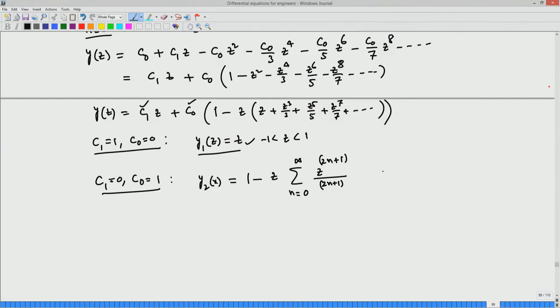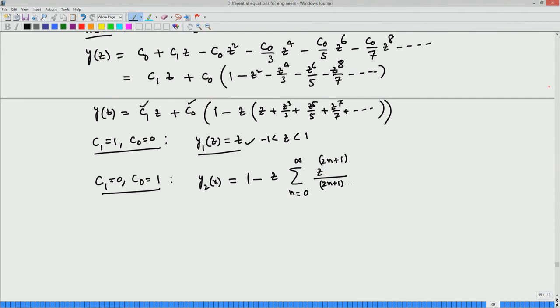This is the series. If you recognize this series, n equal to 0 gives z, n equal to 1 gives z cube by 3, n equal to 2 gives z power 5 by 5, and so on, 5, 7, 9 and so on. So this is the series you will get.